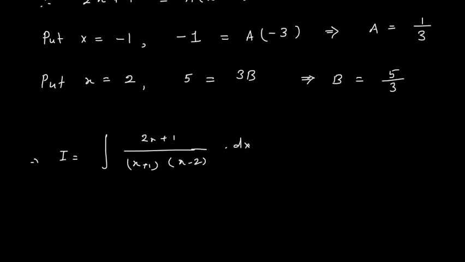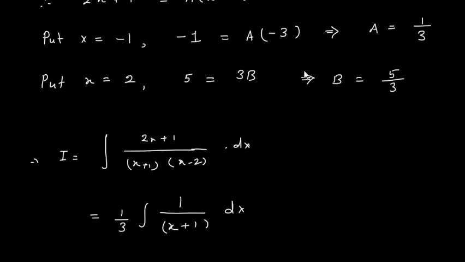into dx, this will be equal to, now the value of a is 1 divided by 3, so you can take 1 divided by 3 out like this, and here you can write 1 upon x plus 1 dx.